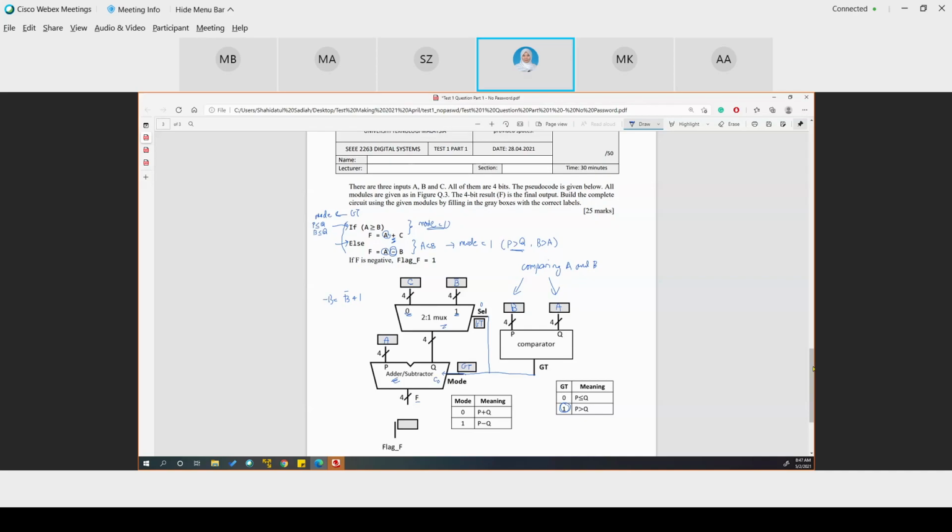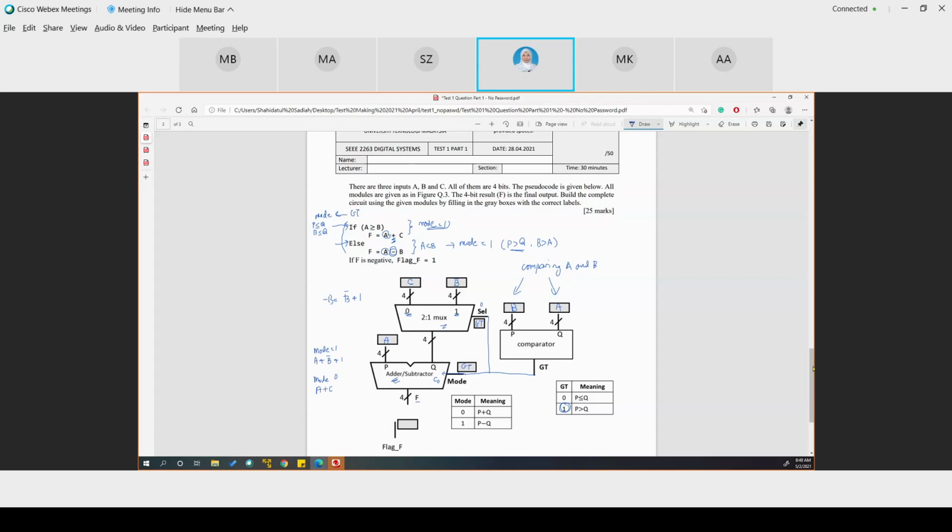So it is added to A and B. When mode is 1, the equation is A plus B bar plus 1. When mode is 0, the equation is A plus C. So this is the subtractor when mode is equal to 1.